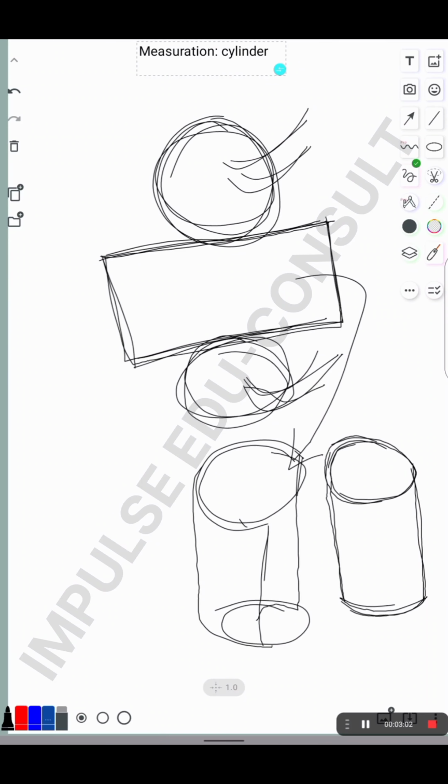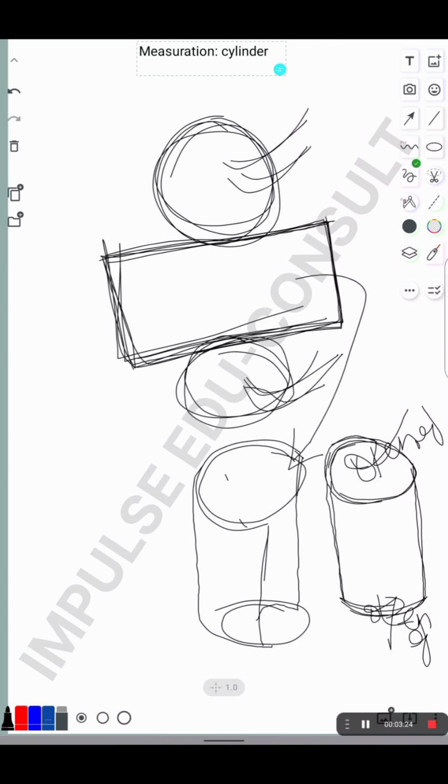So definitely I will only have the curved surface where both ends of the cylinder are opened, both the top cover and the base.